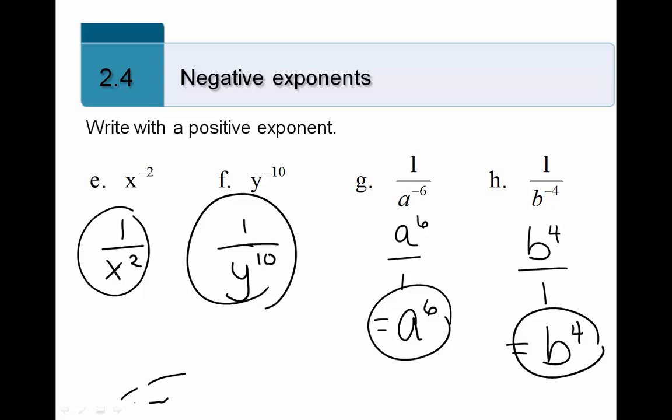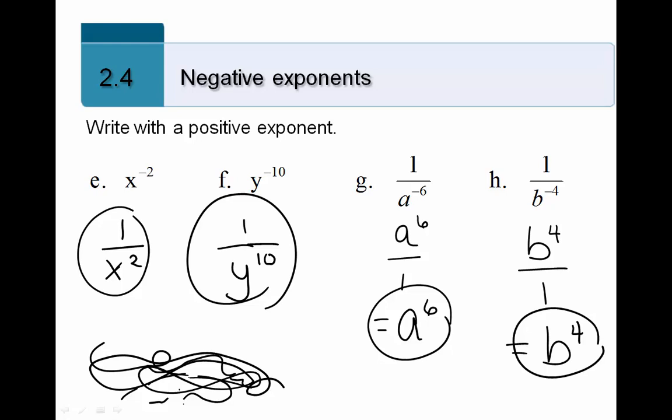And I'm stuck again. Maybe you can try the problems on the next page while I'm trying to get this to scroll forward.